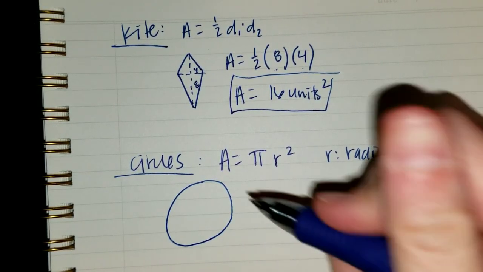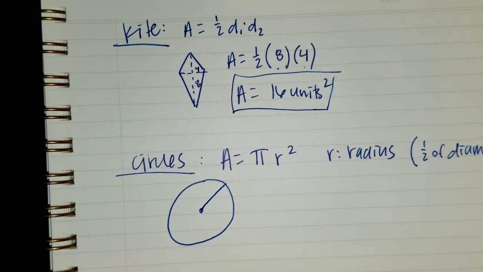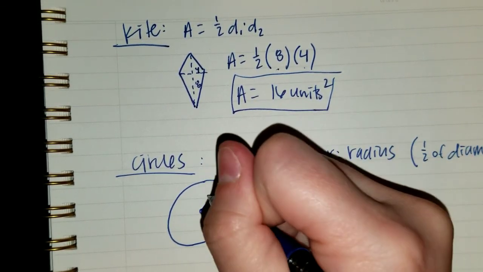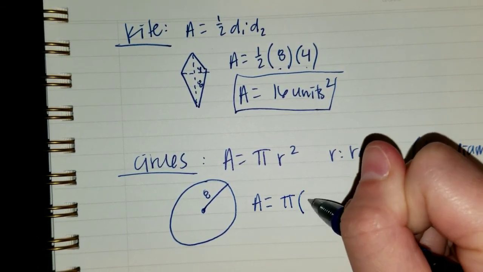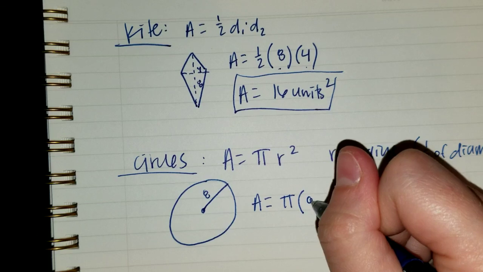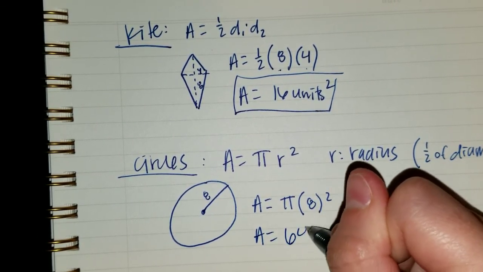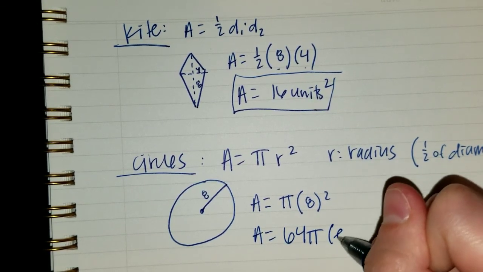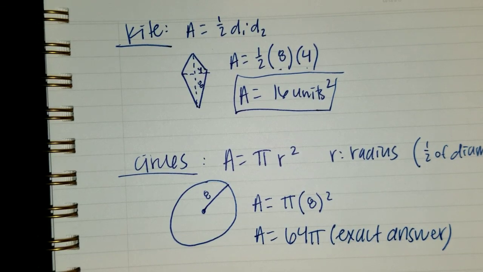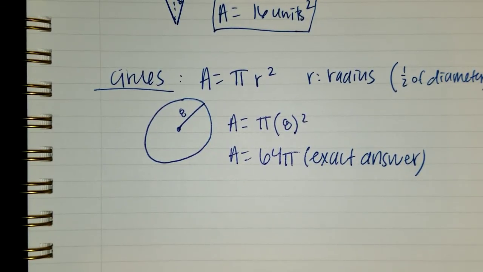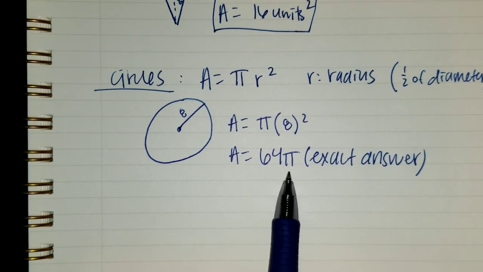Pretend that's a circle, not an egg. If our radius is, let's say 8, we're going to say pi times r, which is 8 squared. So our area is 64 pi. This is your exact answer. Sometimes Khan Academy, or whatever assignment you're working on, asks for the exact answer, that's using the pi symbol.